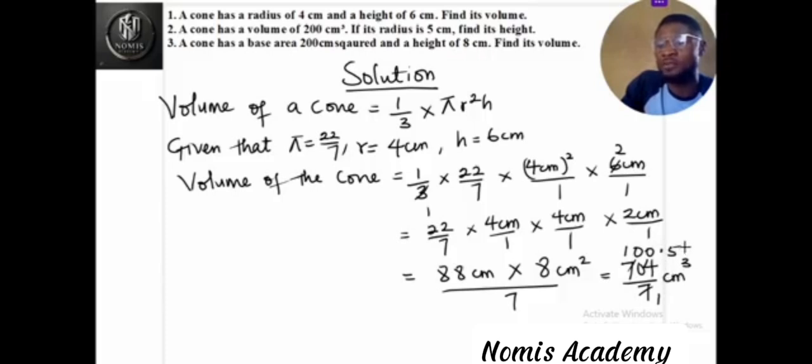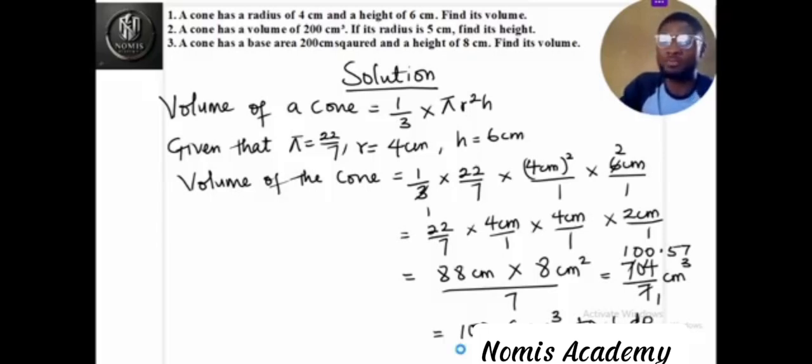So my answer there is 100.6 centimeter cube to 1 decimal place. So this is the volume of the cone whose base radius is 4 centimeter and height 6 centimeter.